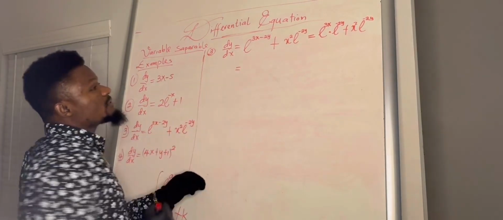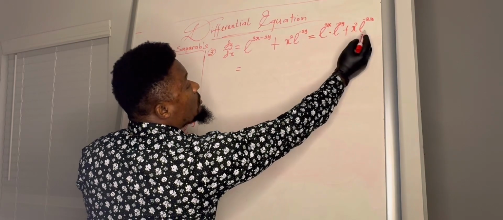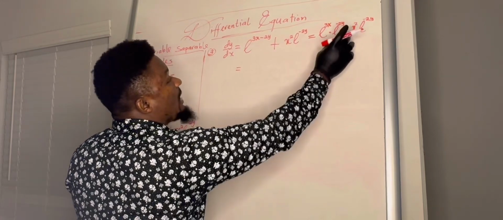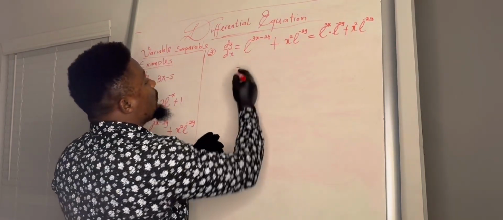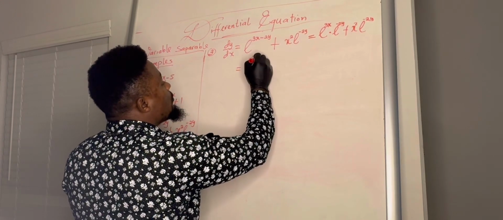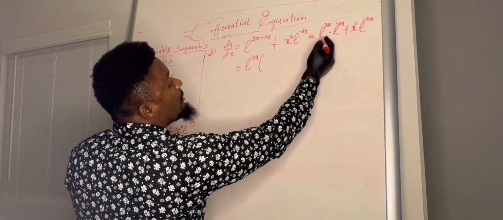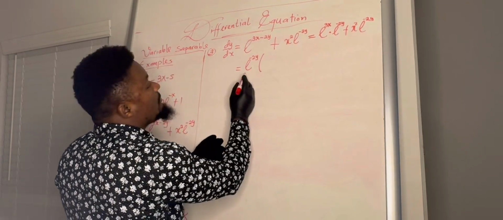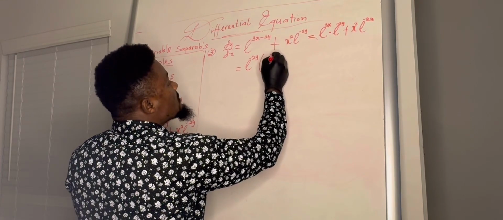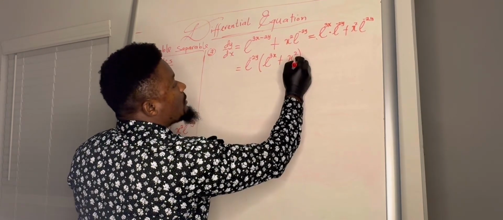Now, this is equal to, remember, whenever you have two quantities common in a sum, you can factor out one of them. So we can factor out exponential of negative 2y times, if we factor that out here, it's going to look like all of these divided by that. So we're just left with exponential of 3x plus x squared.